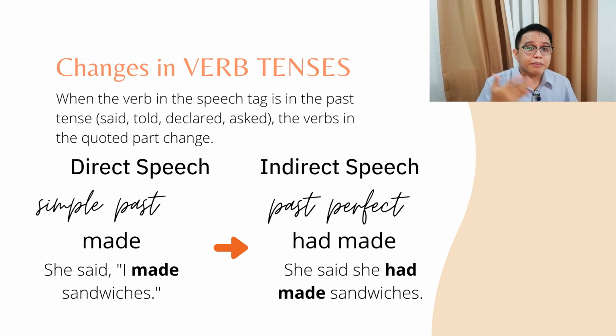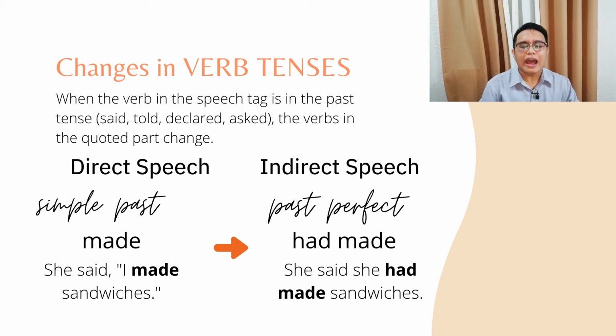So, made. Okay? So, made, and then had made. So, for example, sa atong sentence, she said, I made sandwiches. Ato na itong indirect speech, mahimo na siyang, she said, she had made sandwiches. Okay na? Sabta na? Okay.